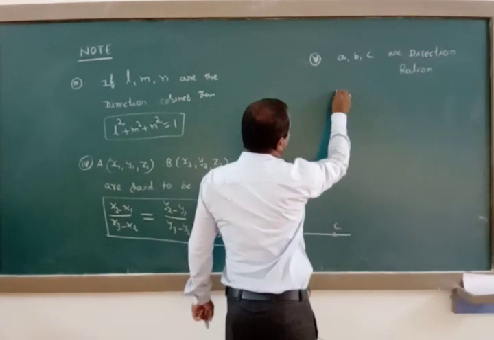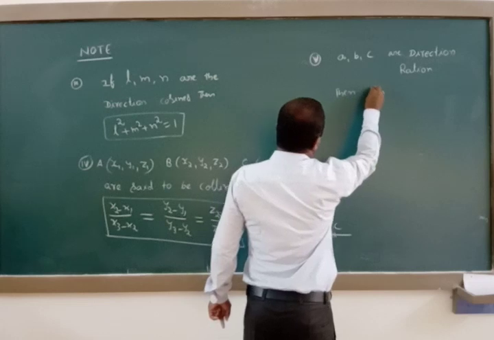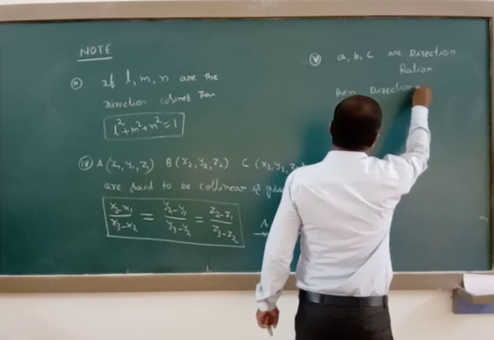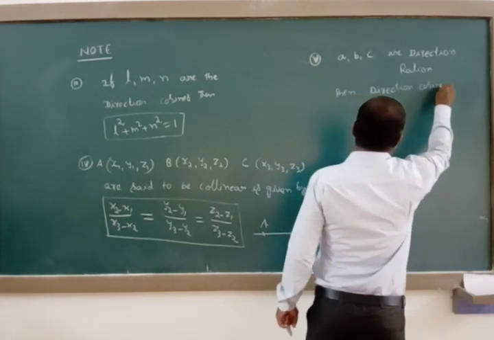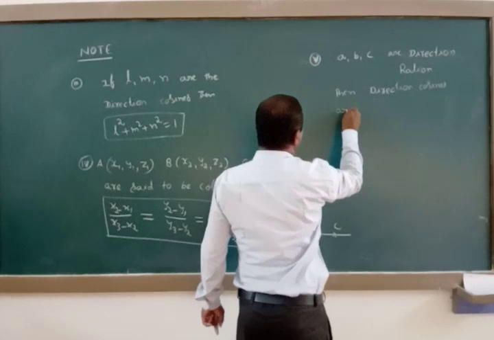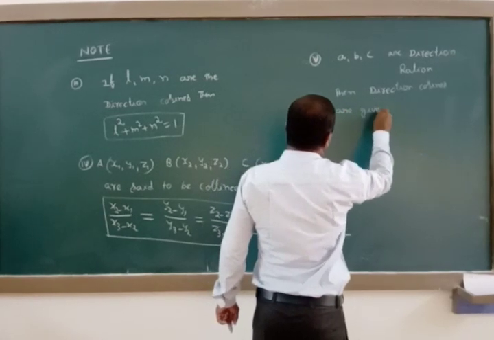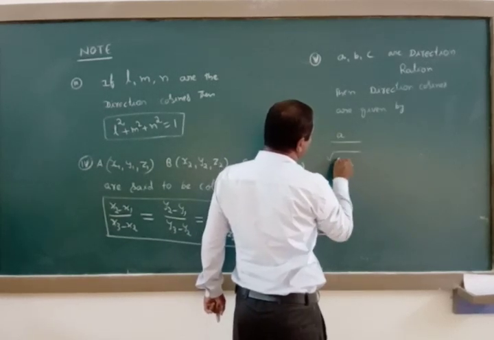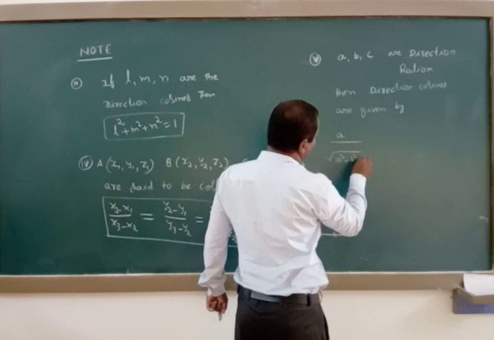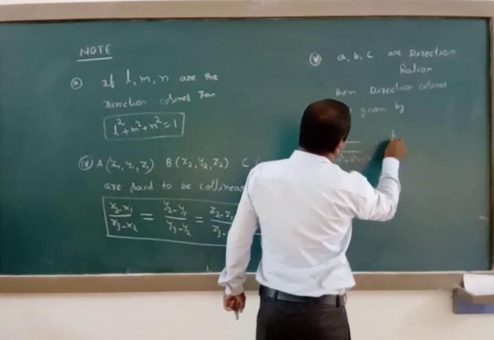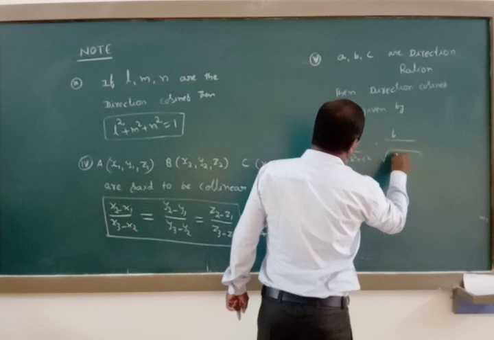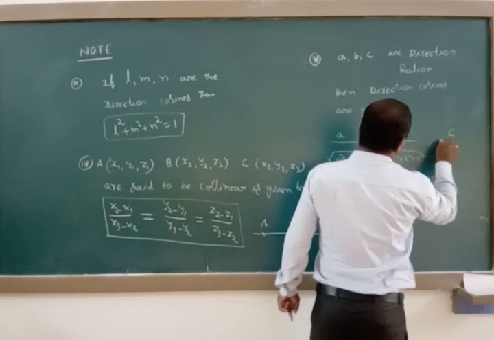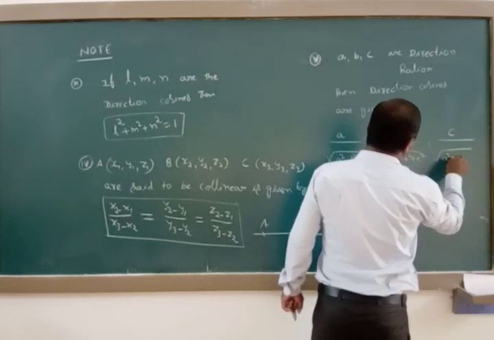Then direction cosines are given by a by square root of a square plus b square plus c square, b by square root of a square plus b square plus c square, c by square root of a square plus b square plus c square.